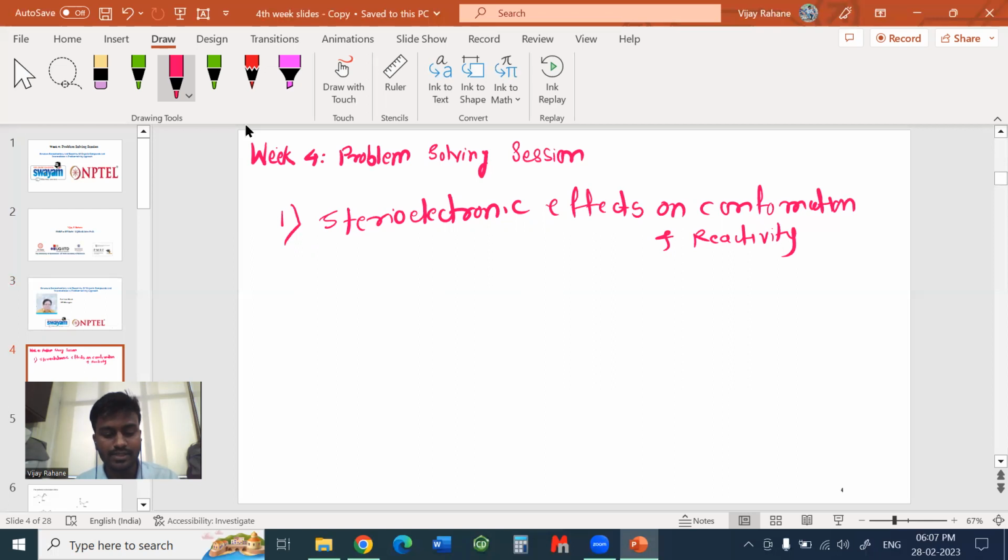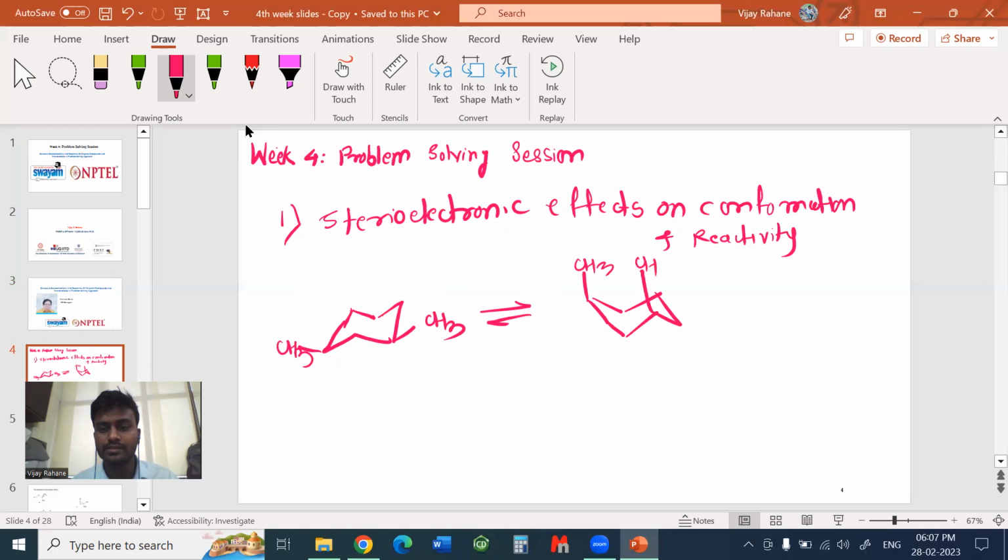If we take the example of this compound, we know the cyclic six-membered ring can be flipped to a different conformer like this, right? In this one, both methyl groups are axial in the B conformation. If you see the population of the conformations, this conformation is major.